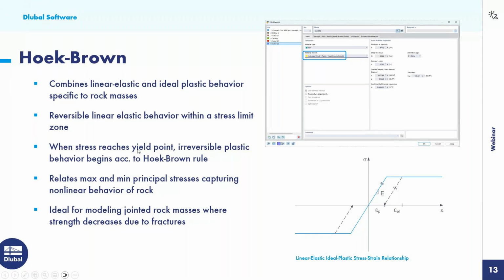But when the stress reaches the yield point, we have irreversible plastic behavior, but this time it's going to be according to the Hoek-Brown equations. So this relates max and min principal stresses, capturing that nonlinear behavior of rock. Therefore, it's going to be ideal to use this soil material type for modeling jointed rock masses where the strength decreases due to fractures.